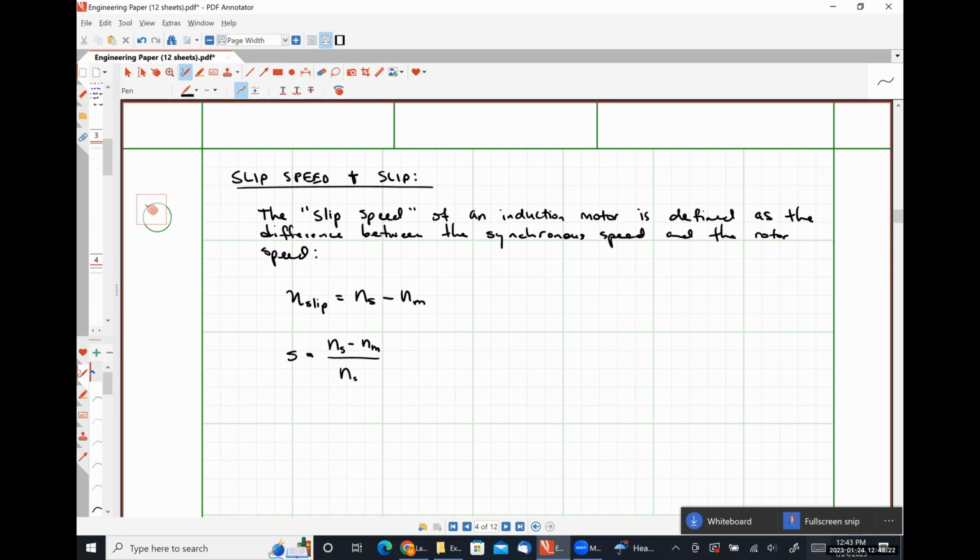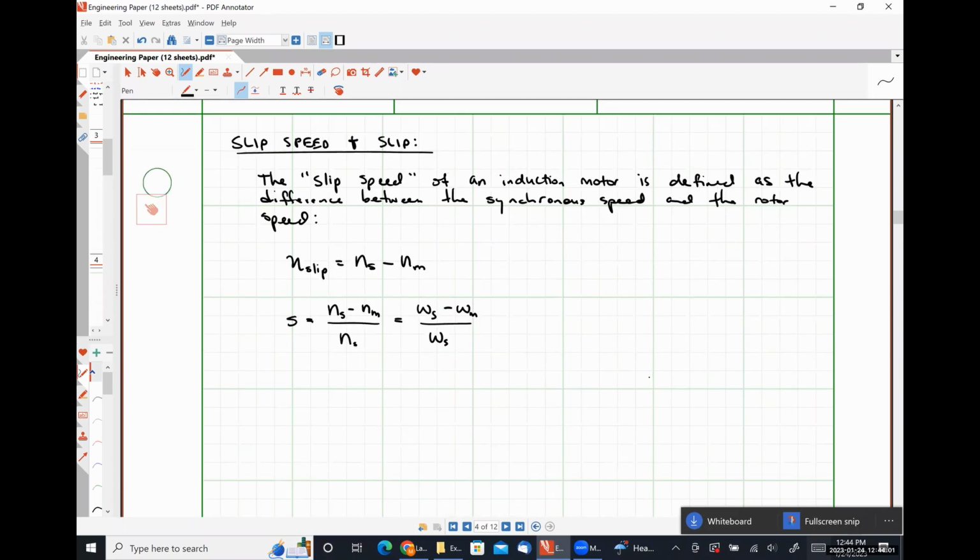And so this really just tells us effectively what fraction of our synchronous speed our rotor lags behind, right? We could also write this as omega S minus omega M over omega S, where these omegas are just our angular frequencies for our stator field and our rotor, right? So instead of dealing with things in RPM, we'd be dealing with it in radians per second. Okay.